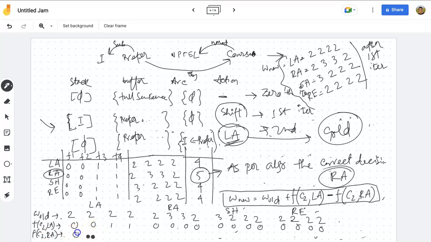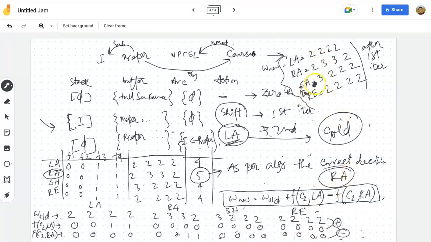For right arc it is 0 0 1 1, and for the other things it is 0. So basically you just need to add these two and then subtract it from here. That will give you the answer.